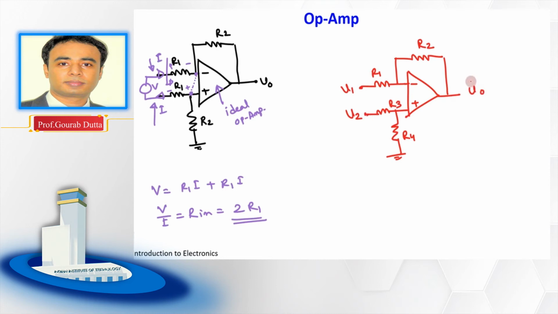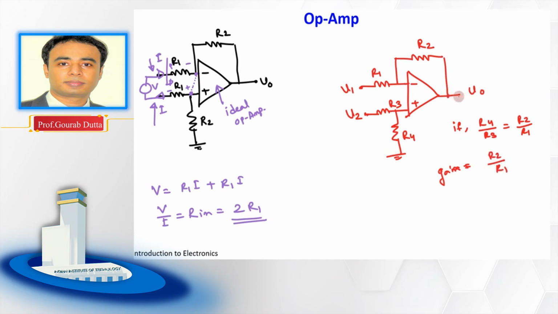So what is the gain of this? If this R4 by R3 is equal to this, as we have just now derived, the gain would be equal to what? R2 by R1, right?